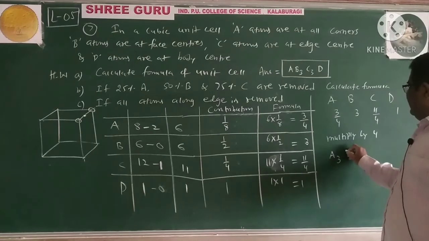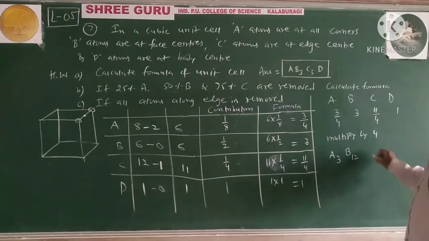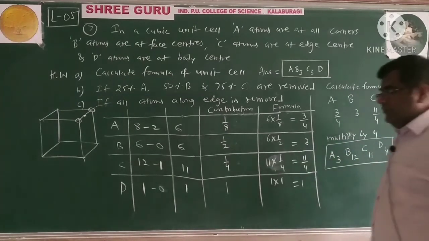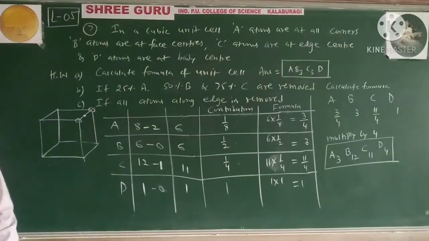A, 3. B multiplied by 4 becomes 12. C multiplied by 4, the 4s get cancelled, and D 4. I think we cannot simplify it further, so we should keep it as it is. A 3, B 12, C 11, D 4 is the formula. Right. So this is the third question.